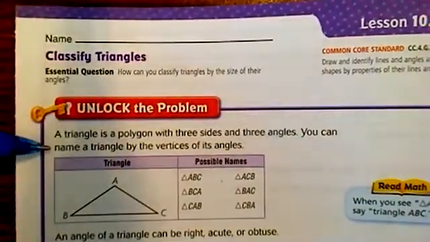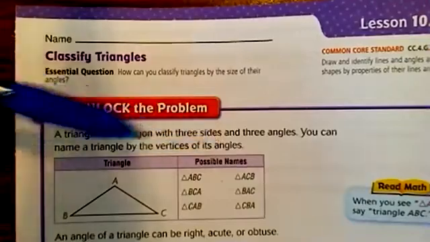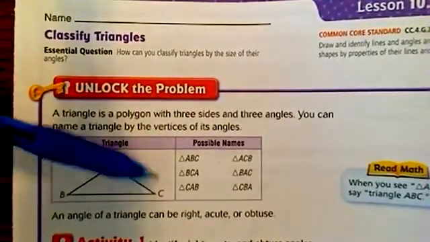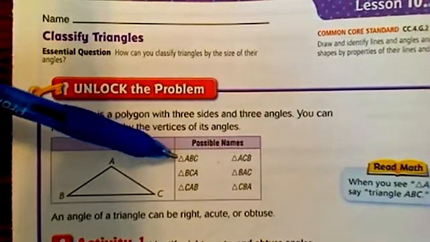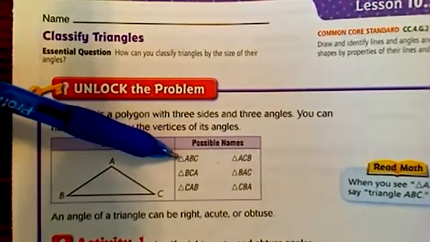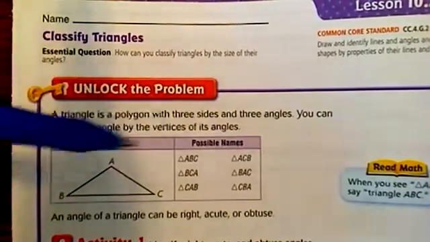And you can name a triangle by the vertices of its angles. So here's triangle ABC, and this is how we would write it, and we would also read it triangle ABC. But this is also triangle ACB.